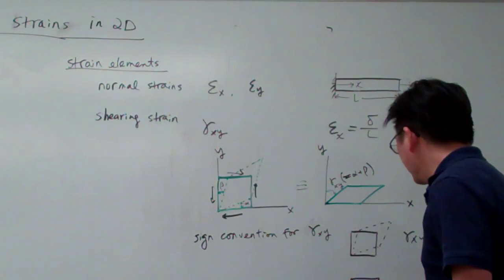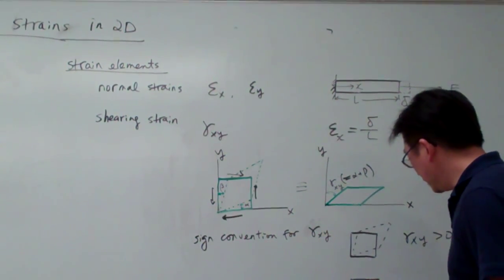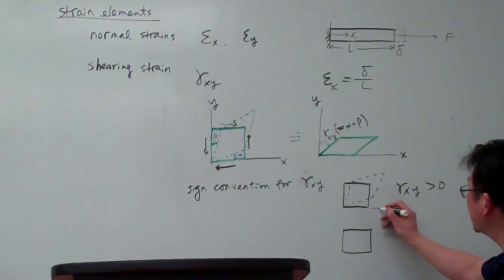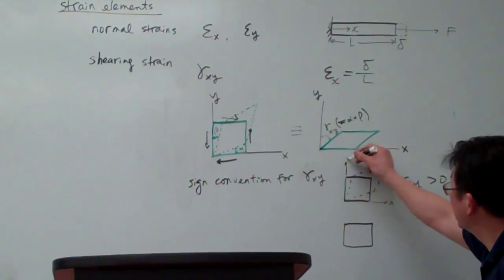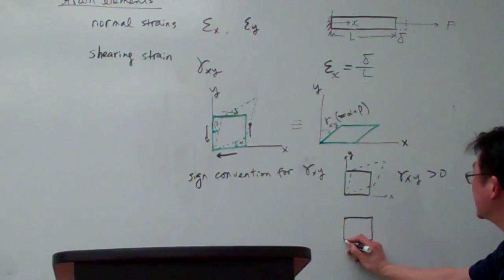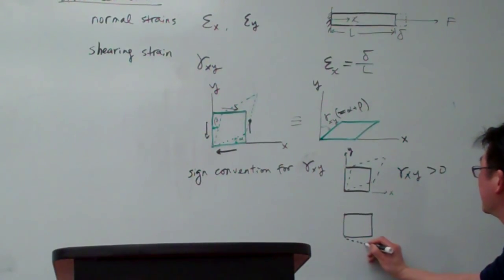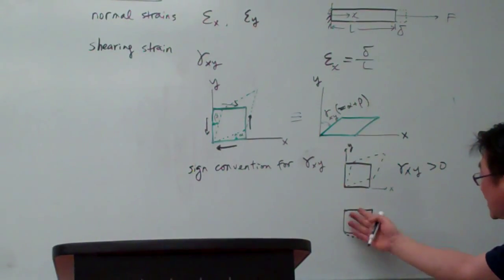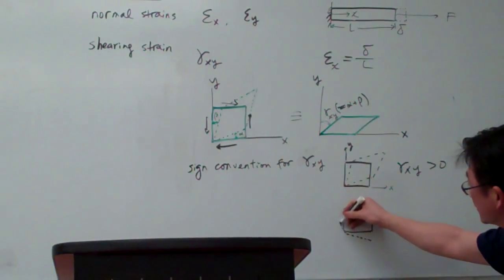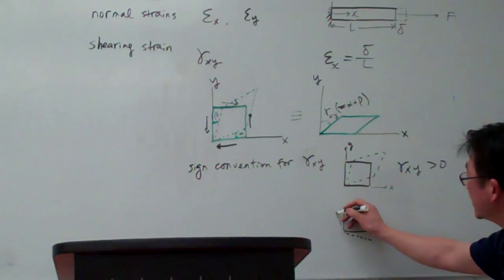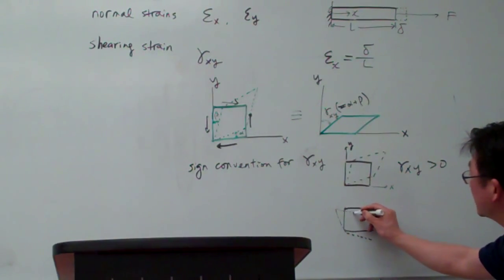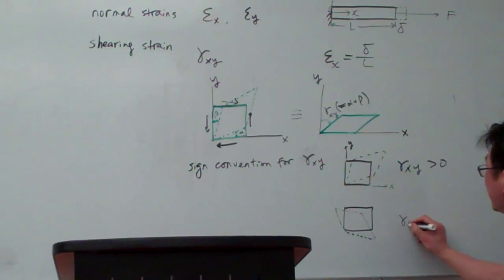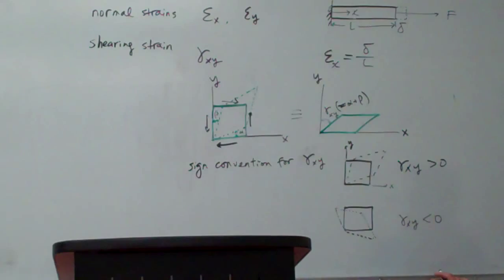If, in our xy coordinate system, the bottom side moves in this direction and this side goes in the opposite direction, making the deformed shape like this, then this one is defined as negative.